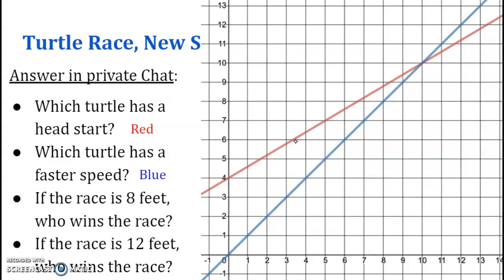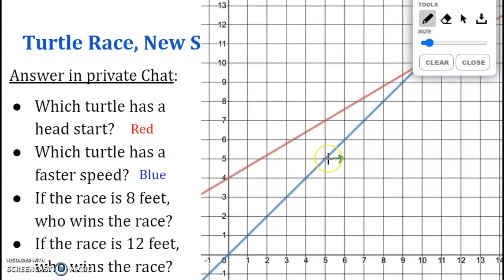Why is that going faster? You need to be thinking about unit rate. Every time x increases by 1, how much does y increase? It increased by 1. So every time x increases by 1, the blue turtle is increasing by 1. That means he is traveling at 1 foot per second. What about the red in contrast?